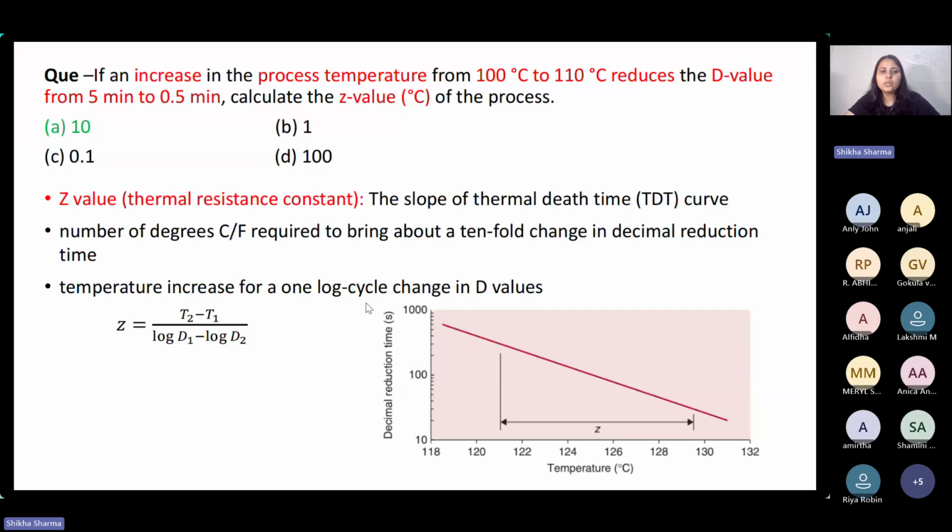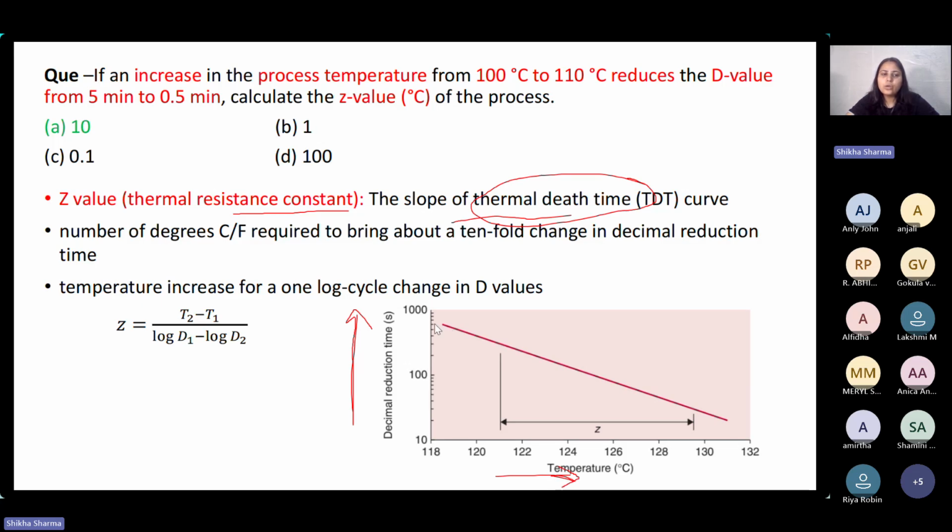Basically, Z value, the thermal resistance constant, is the slope of the TDT curve, which is the thermal death time curve. So how do we get the TDT curve? In the TDT curve, on the y-axis we have the D values, and on the x-axis we have the temperature values.